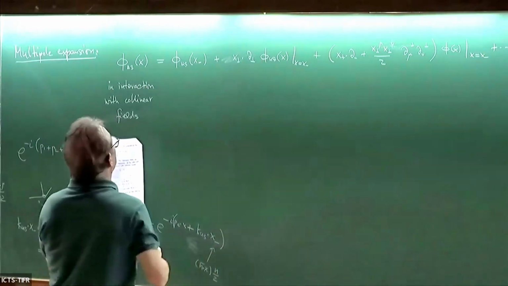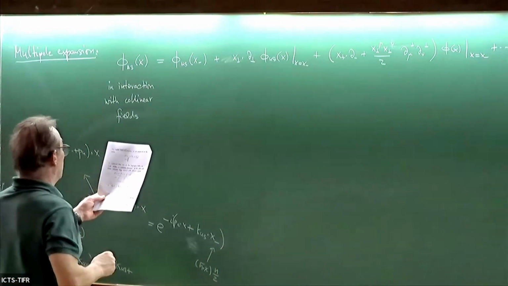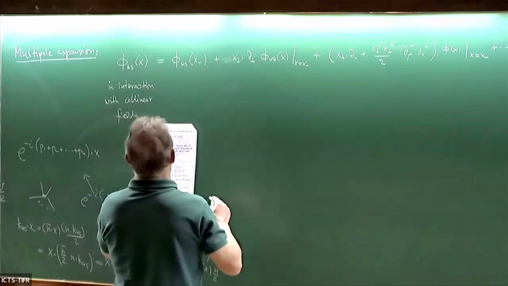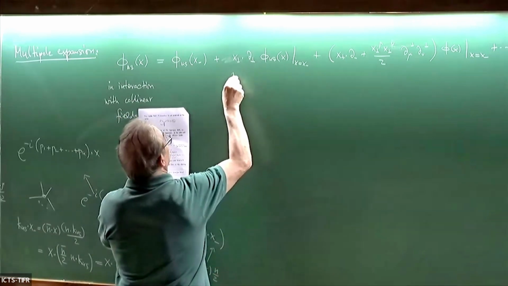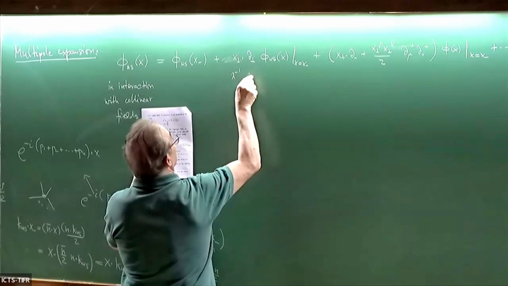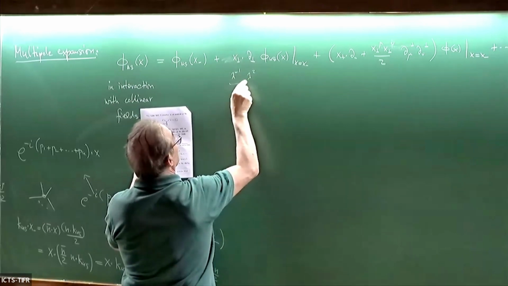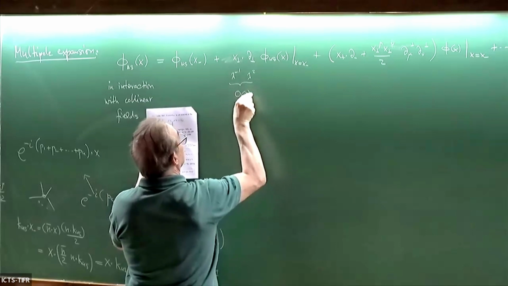And these terms, if you assign scaling to them, this counts like lambda to the minus 1, this counts like lambda squared, so this is an order lambda correction.